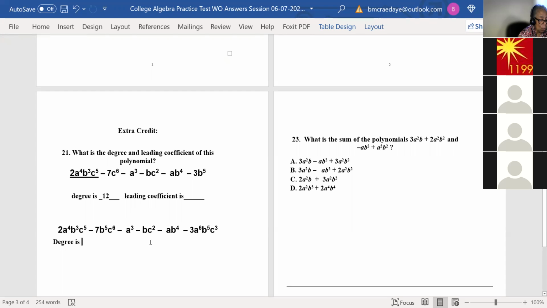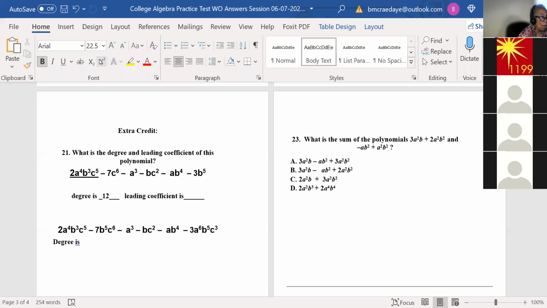B is b to the 1. So that would be 2? No, when you don't see a power, it's a 1. That's the default. So the power right here is a 1. Well, let me put it here.